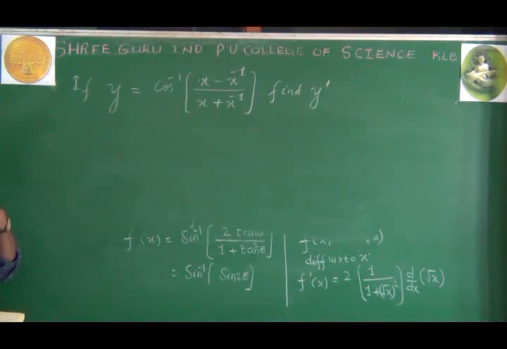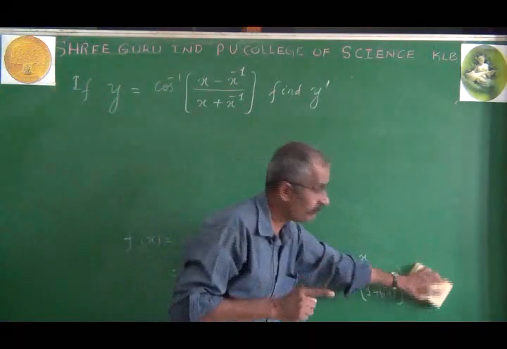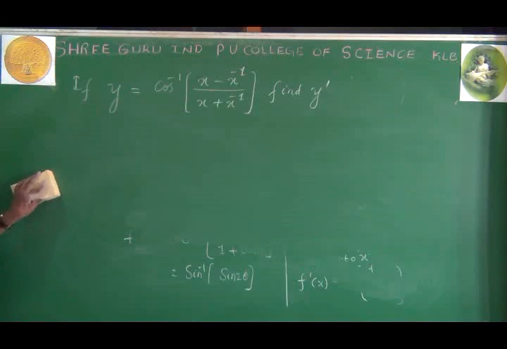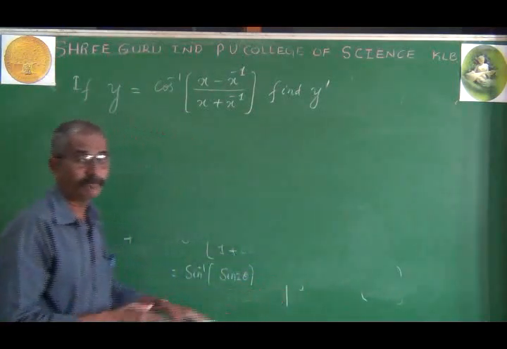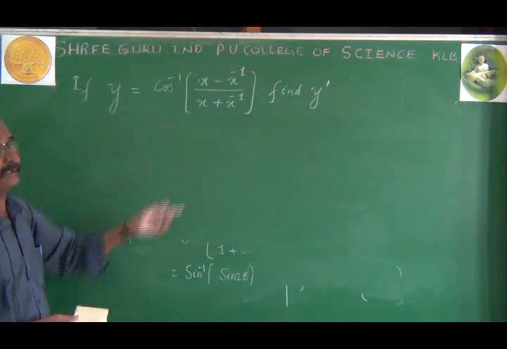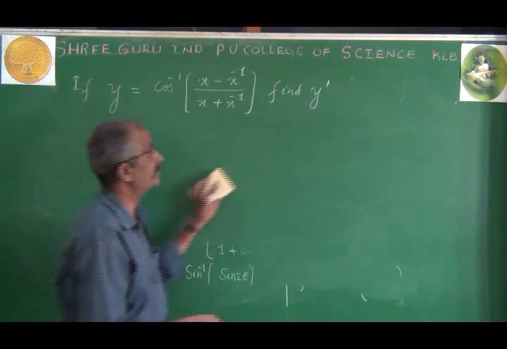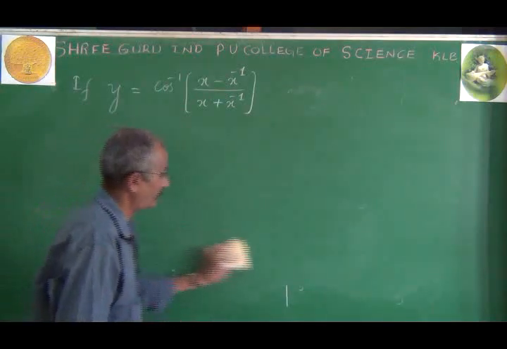And after that, simplification will make very, very hectic work. To avoid all that hectic work, the best is choosing the method of substitution. But before taking substitution, we have to bring this expression into a suitable form where we can take a good kind of substitution. Let's have some simplification first, then we shall think of a suitable substitution.